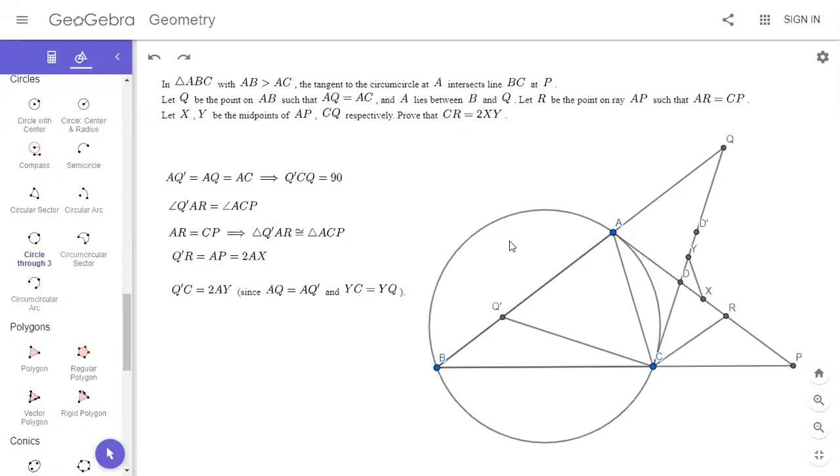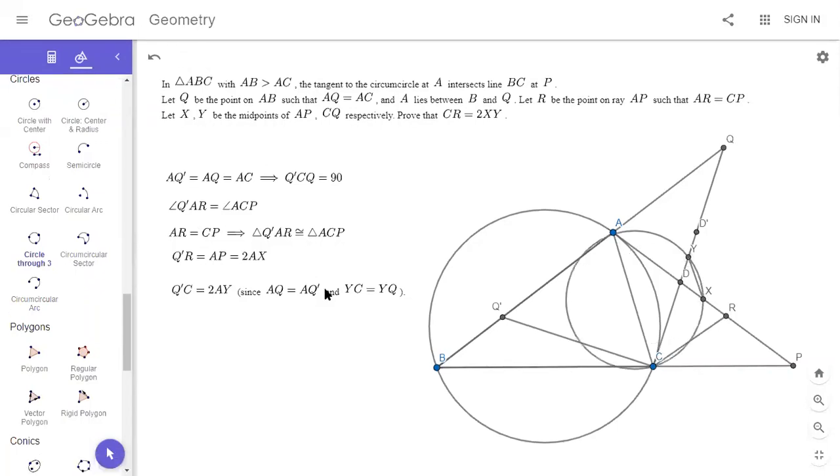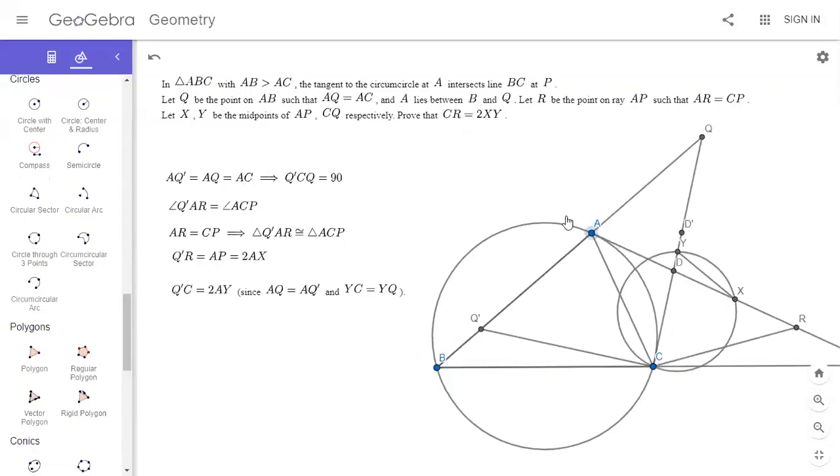Not 100% sure, but I think so. It looked like YXCA was cyclic. Let me check if that's really true. Actually, I'm not 100% sure that's true. No, that's not true.